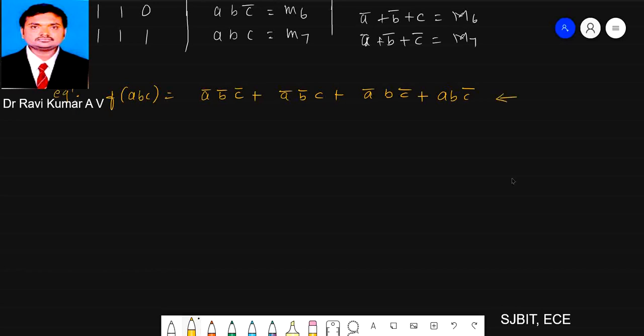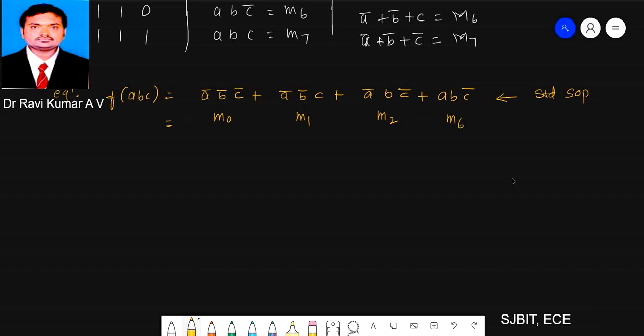Yes. Which standard form? It is the standard or canonical SOP form. So here it is represented as 000, it is m0; 001, this is m1; 010, it is m2; 110, this is 4 plus 2, m6.